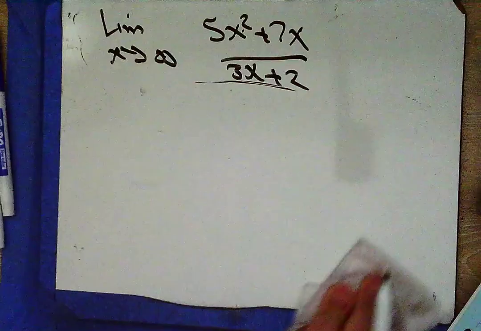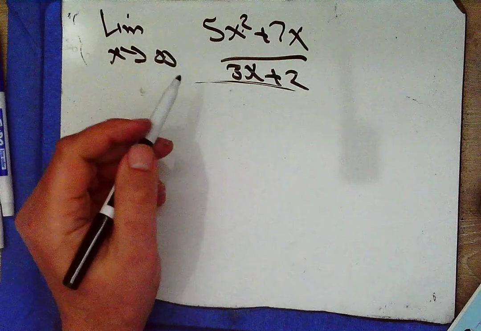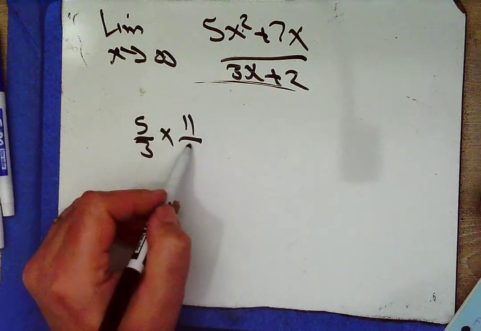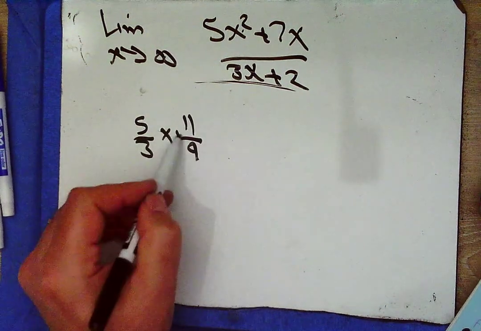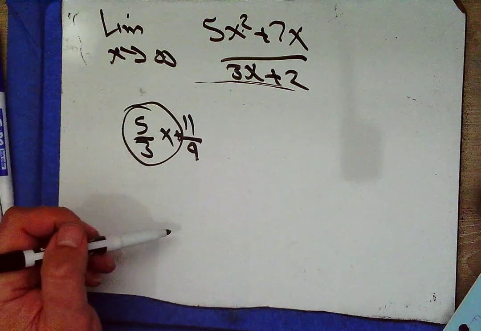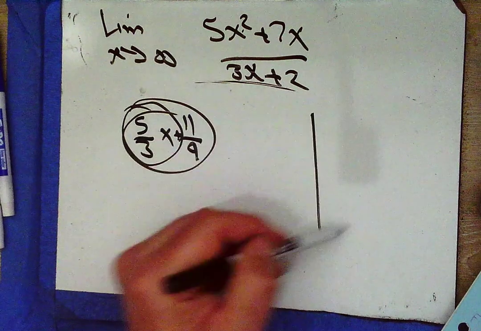So when I did that dividing, I had 5/3 x plus 11/9 plus a remainder. Where's this function headed? What does this function look like?